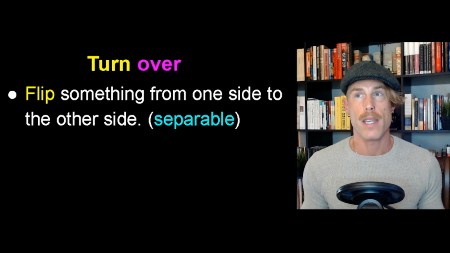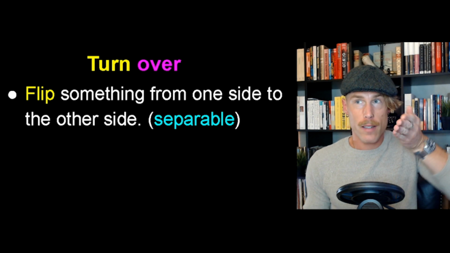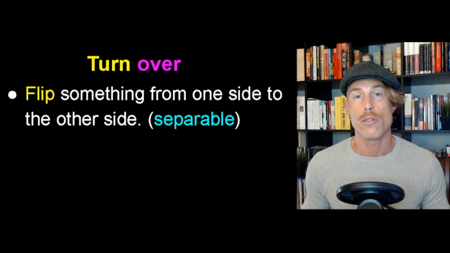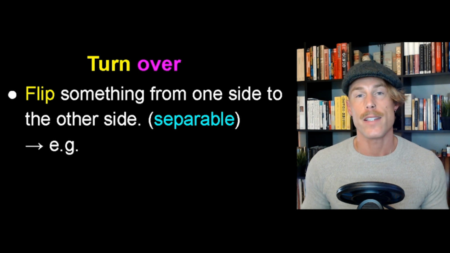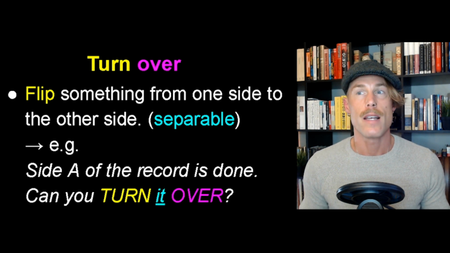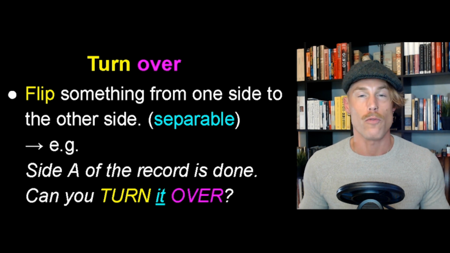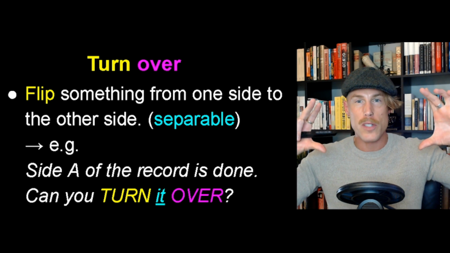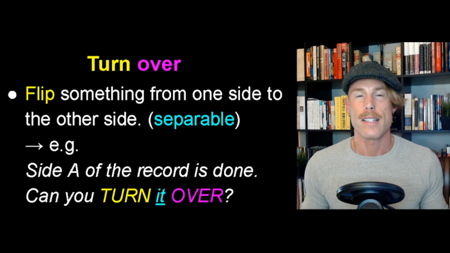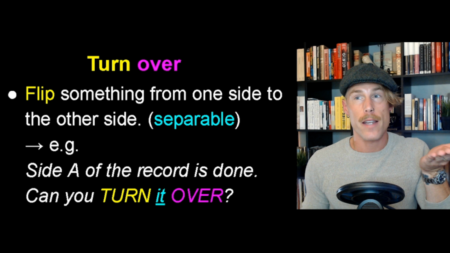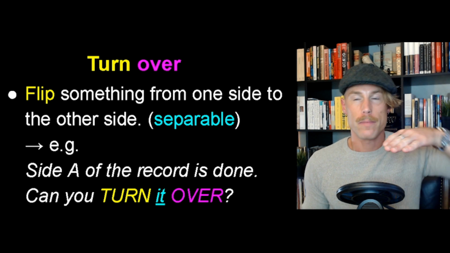Okay, turn over. Turn over means flip something from one side to the other side, and it's separable. Maybe you know vinyl records, old music records. Side A of the record is done. Can you turn it over?